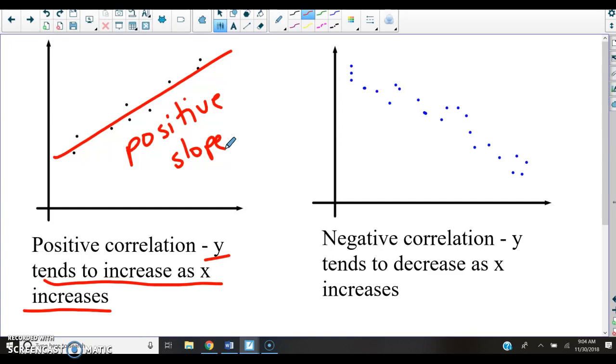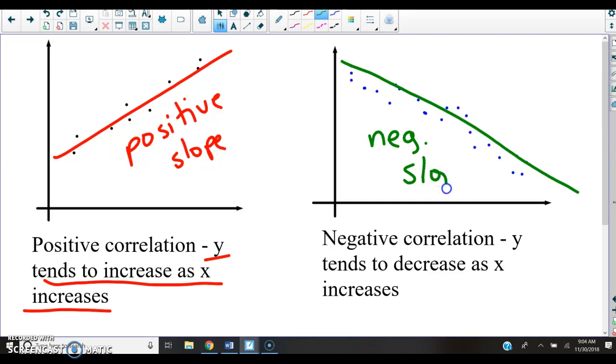Those are pretty tight points. The negative correlation still has pretty tight points, but what is different is now you have a negative slope. So the difference between positive correlation and negative correlation is simply the slope.